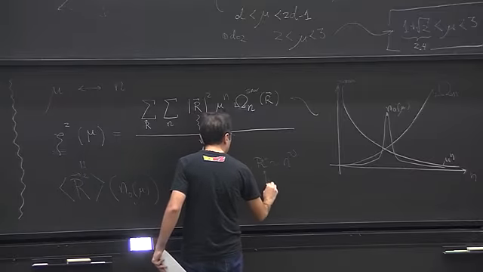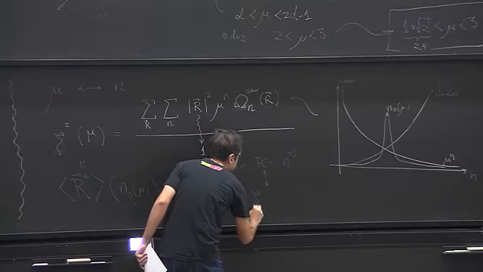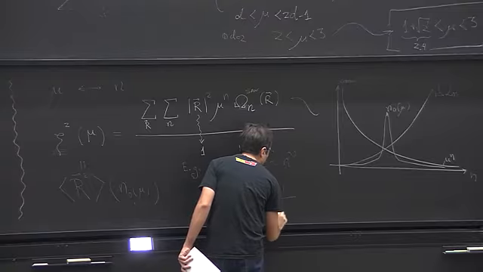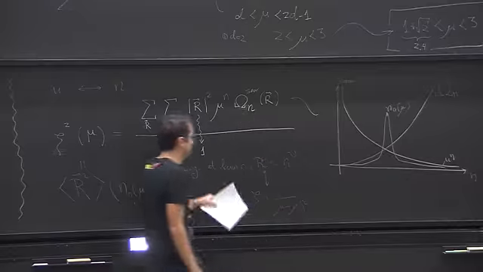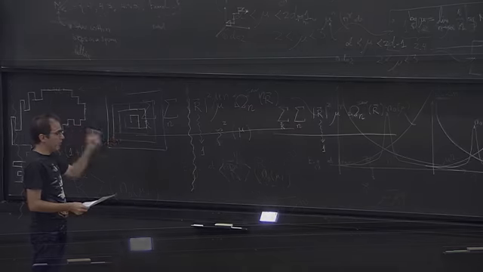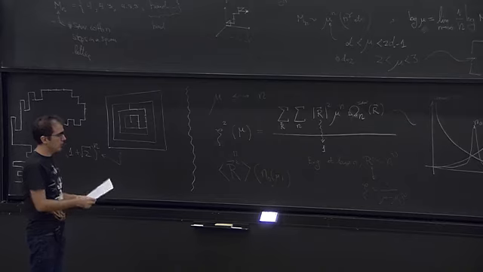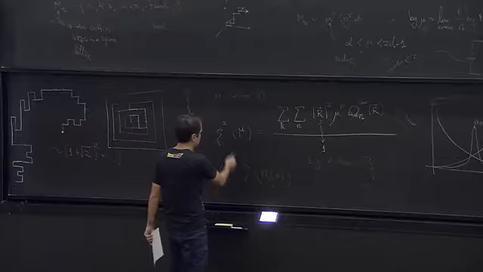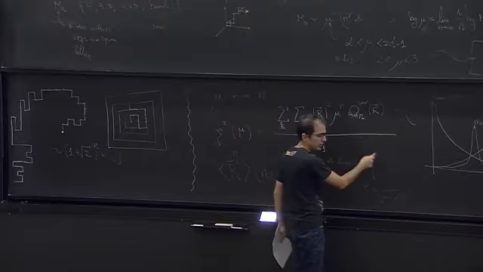This will be equivalent to saying that this psi will behave as 1 over mu minus mu critical to the nu. And that's what I'm going to explain now. So diverging with length to the power nu is the same as diverging with chemical potential when you approach a critical point to the power nu. Okay? So this is just a translation that, these ensembles being equivalent, implies this relation.